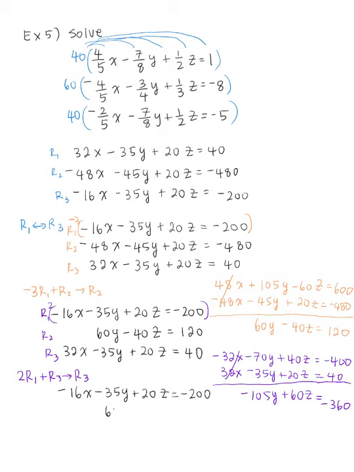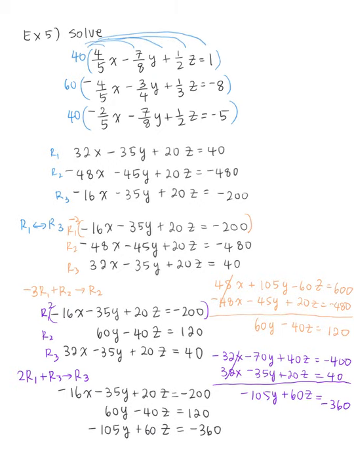And then we have 60y minus 40z equals 120. And then we're going to have negative 105y plus 60z equals negative 360.